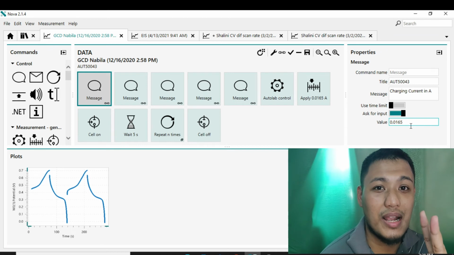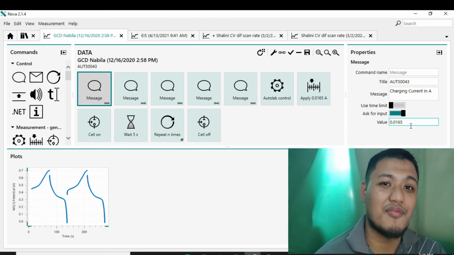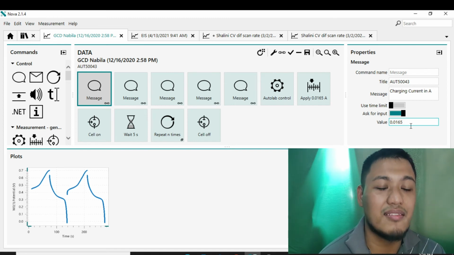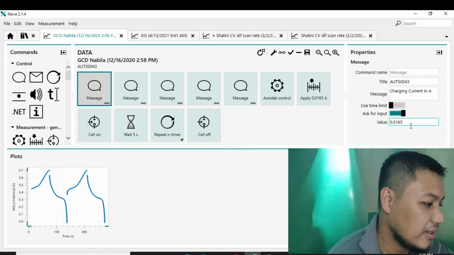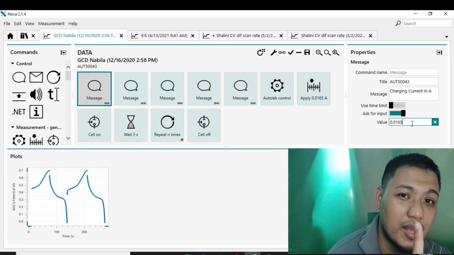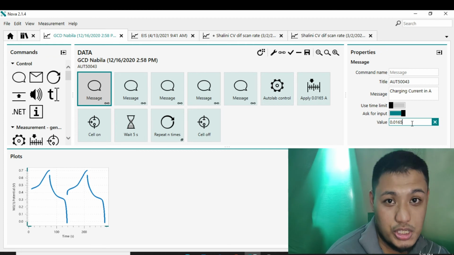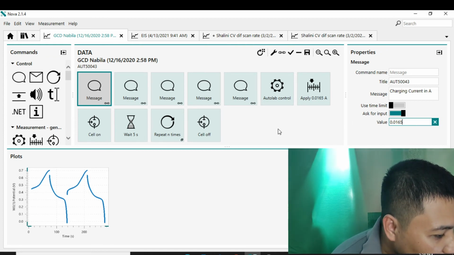If 2 ampere per gram, your current should be mass times 2. If 10 ampere per gram, times 10. In this case, because it is 1 ampere per gram, it should be the same as your mass. If your mass is 0.1 gram, it should be 0.1 here.